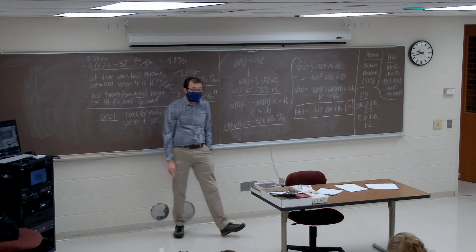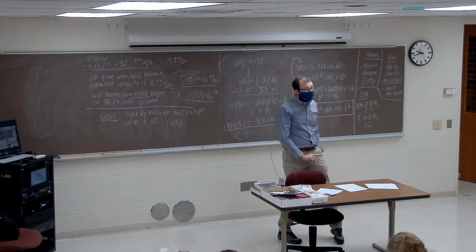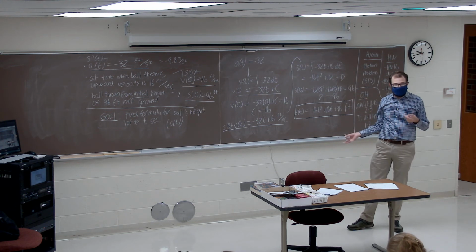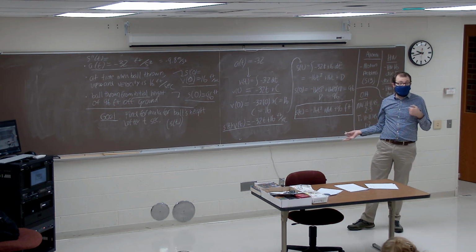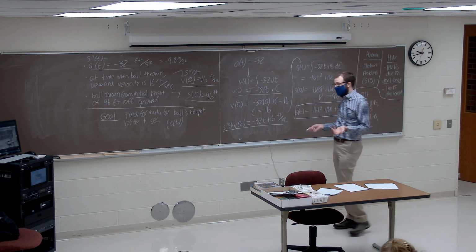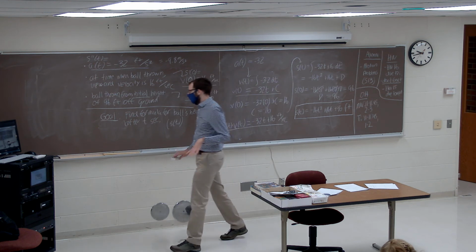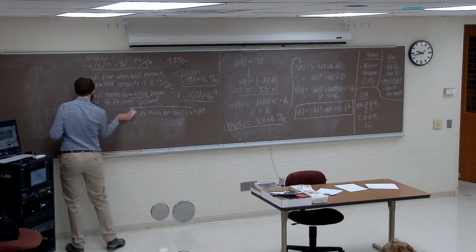Yeah, you can set S of t to 0. Our height at the point where it hits the floor is 0. So if S of t equals 0, that can then give us a value for t where our ball hits the ground.